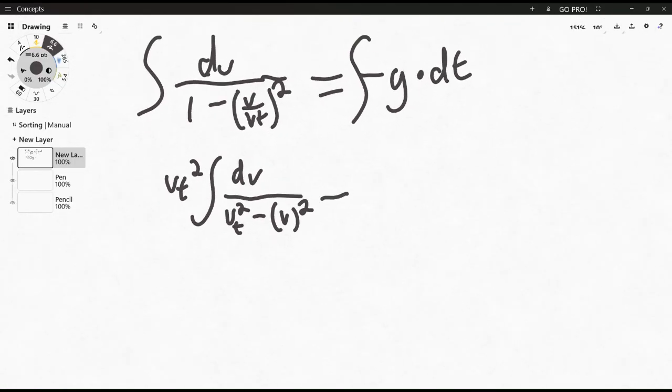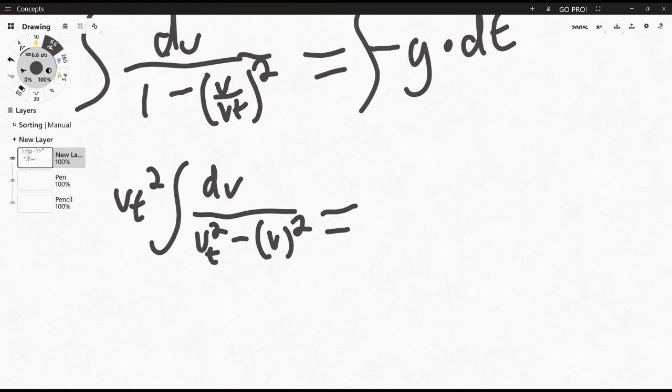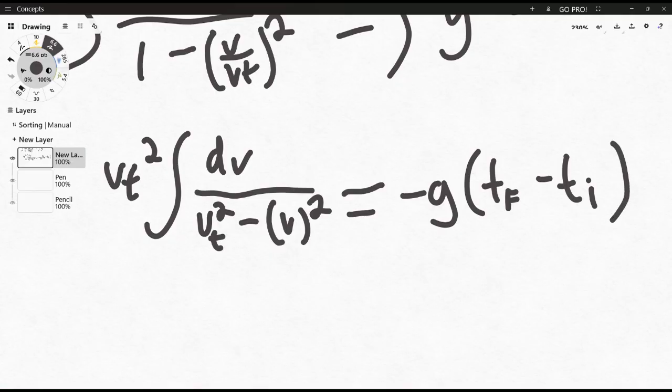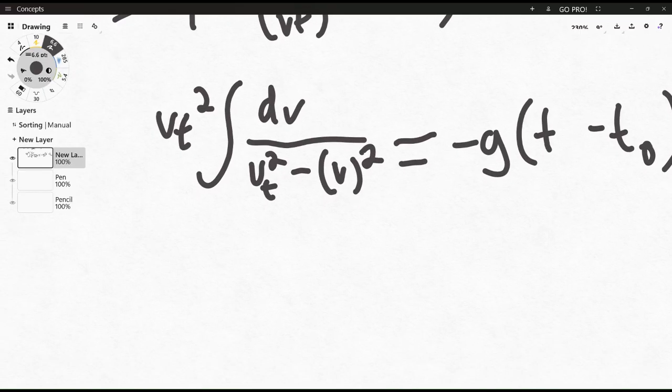Right. Now this is one of the parts that I most struggle with. Here the dt is just going to become t final minus t initial, or t0, however you want to call it, or just time minus t0. Let's go with that.